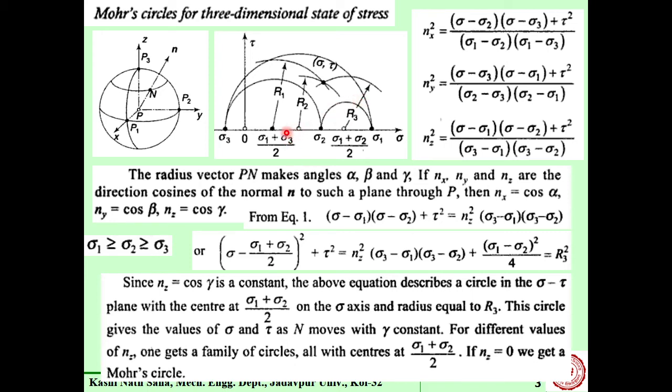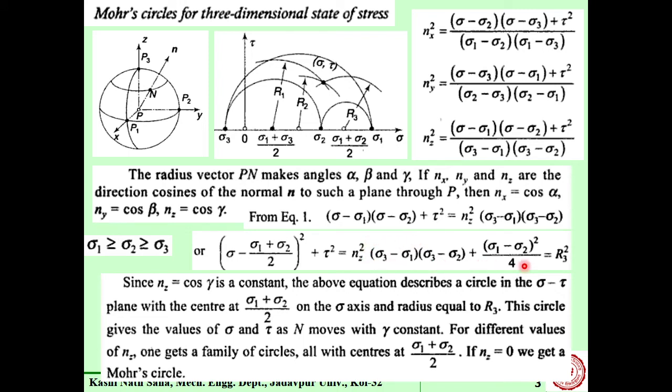Say from this other center, we pass another circle and find out R1. If the R3 value is known, that means what is known?